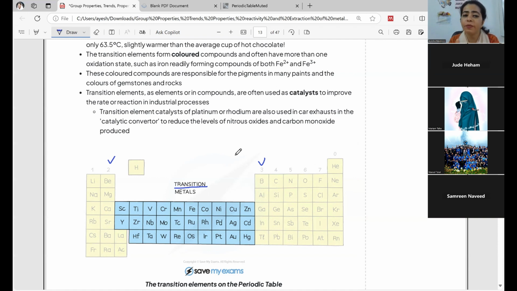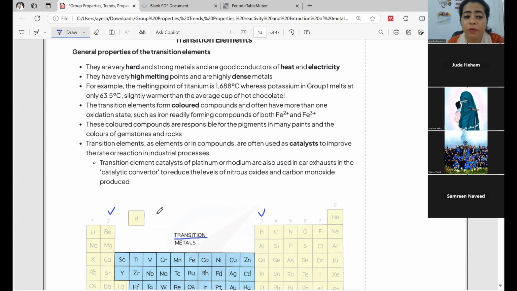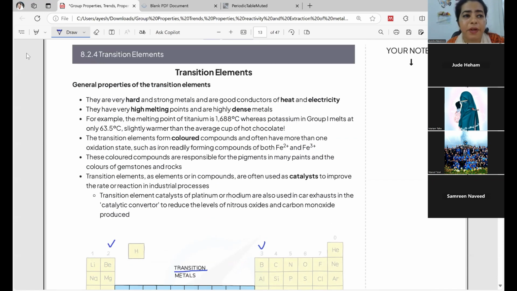So they are placed separately, and these 10 together are known as transition metals. So let's see their properties, how they are different from group 1 and 2. Your question is very good. They are also metals, but they have some different properties. So let's see the properties now.